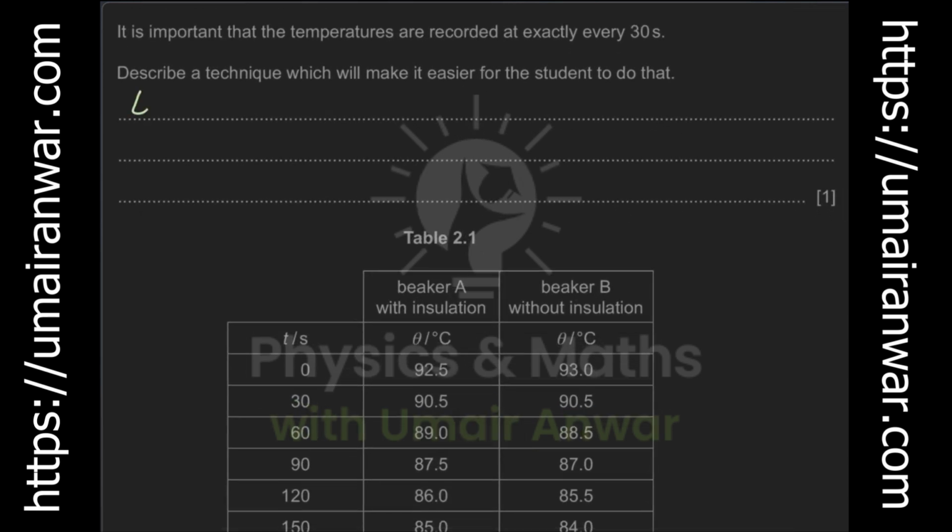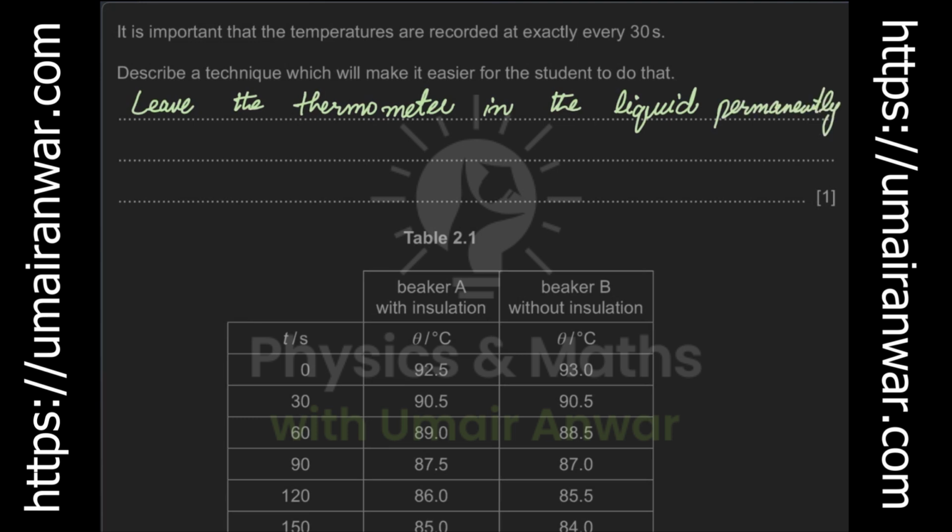So for that, we would write leave the thermometer in the liquid permanently. We are not going to take out the thermometer and then insert it again during the experiment.